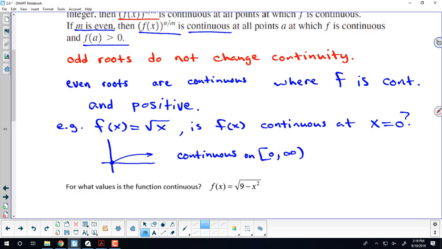A short answer here is no, it's not continuous on both sides. That's why the theorem doesn't include 0, only f of a larger than 0, because we have to be mindful of what happens when it's 0. Sometimes there's continuity there, sometimes there's not.